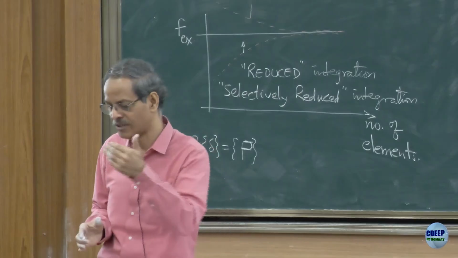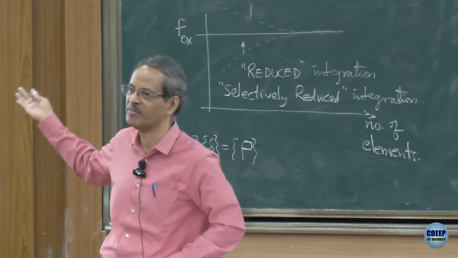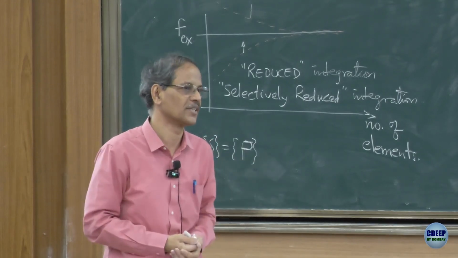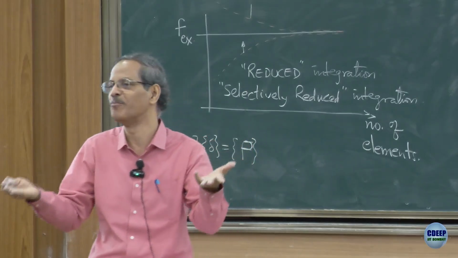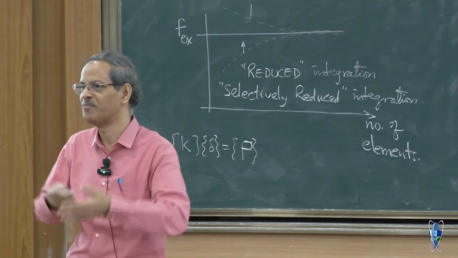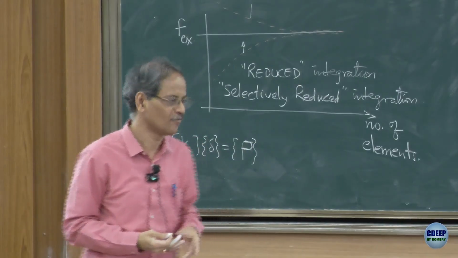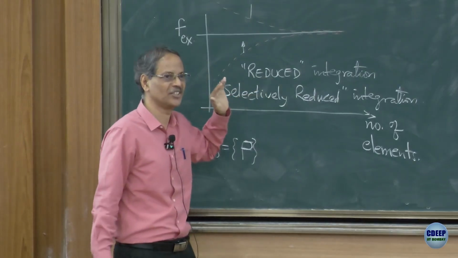You can try to read up, supposing you are using quad 4 element, how is the formulation being done in your software for this? What is the integration rule that is being implemented? Is it the same integration rule for all the terms in that stiffness matrix, or have they tried to meddle with it, reduced or selective reduced integration and so on?